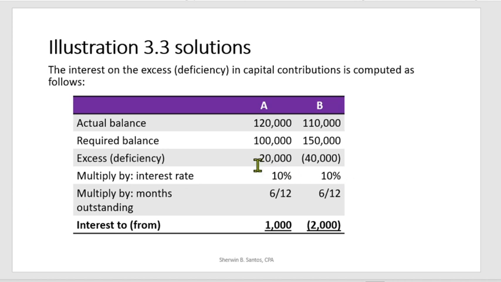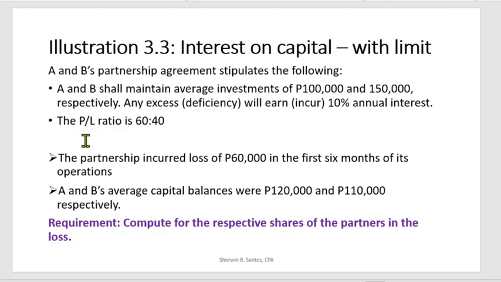So, by analyzing, we look by multiplying the excess and the deficiency with the interest rate, 10% yan, by the months outstanding, 6/12. Bakit 6/12? Balikan natin. Because 6 months pa lang nag-ooperate yung partnership.